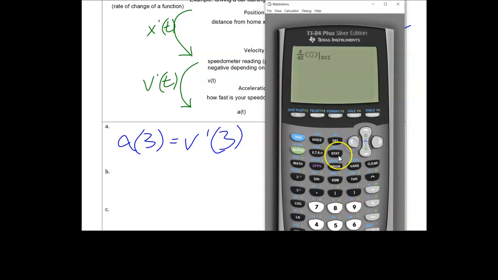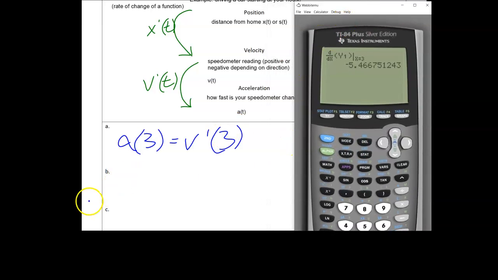And then here, instead of retyping that function, I can do Variables, Y-Variables, Function, and then here's my Y1. So that's going to plug in the function that I typed in for Y1. Then I go ahead and calculate that, and that's my acceleration. You could have done that by hand. It's a trig derivative, but it's not that hard. We would use the chain rule here.